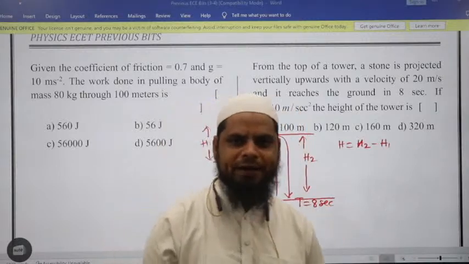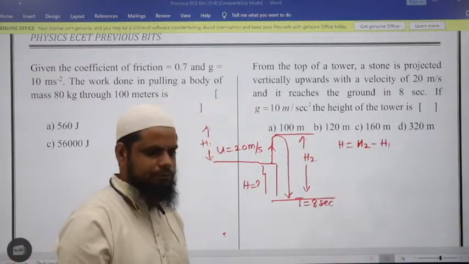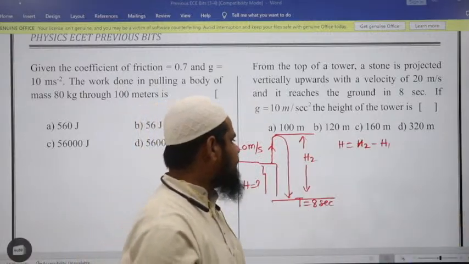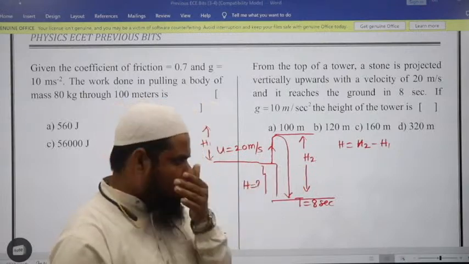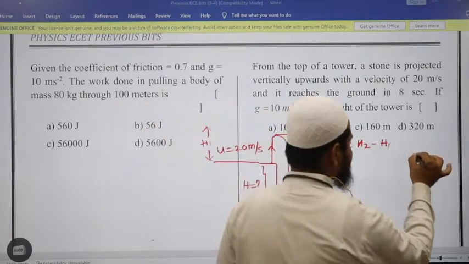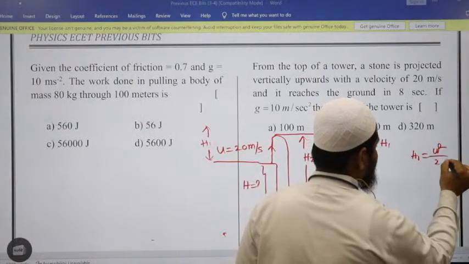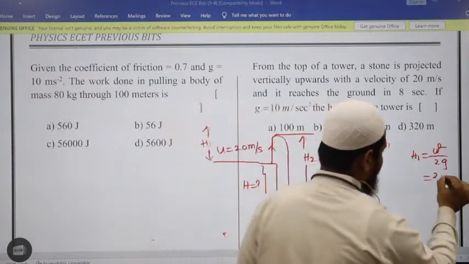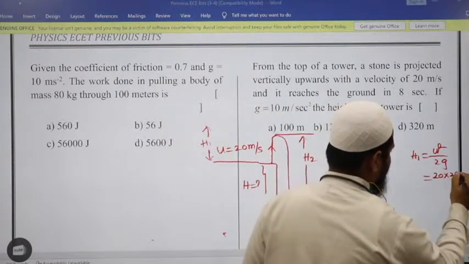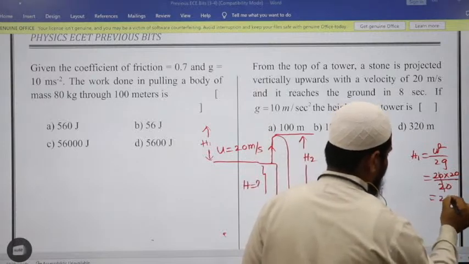How do you find it? First, h1 is easy, it is u square by 2g. 20 into 20 by 20 is nothing but 20, that is h1.